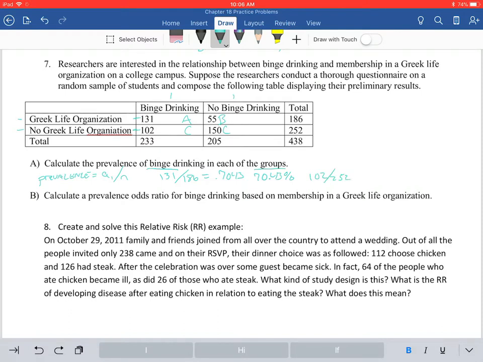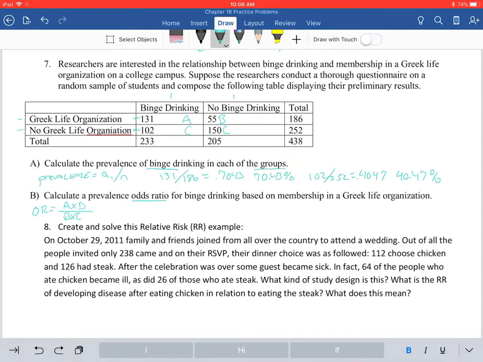And then for your non-Greek life organization, it's 102, the individuals who binge drink, over 252, which equals 0.4047 or 40.47%.